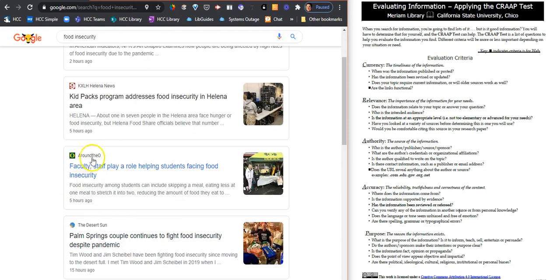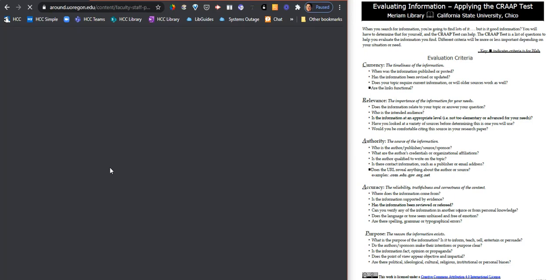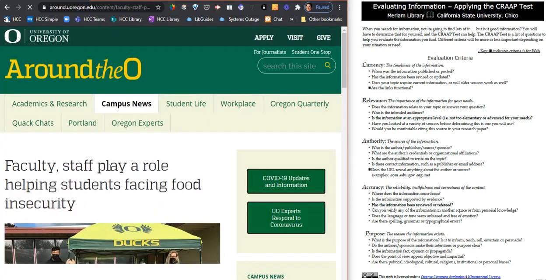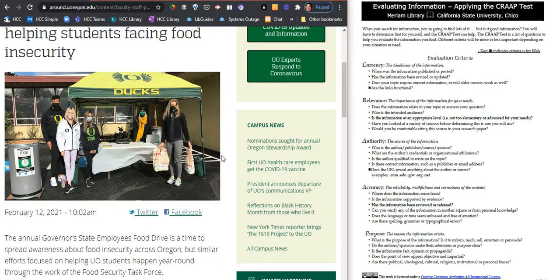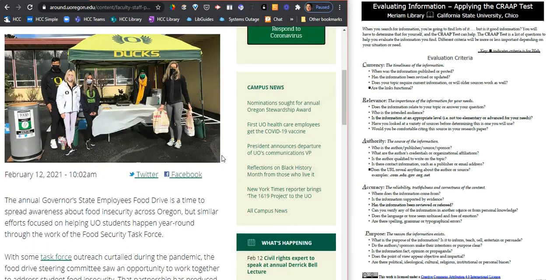I have no idea what Around the O is, so let's click on that. Okay, and as I'm looking at this, it looks like it's a local, probably the University of Oregon's campus newspaper. So is this type of information useful for you on the topic of food insecurity?